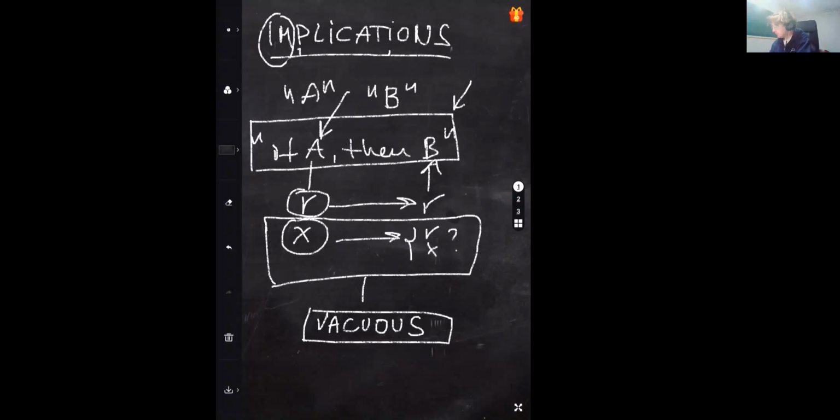So the statement is vacuous, it does not tell you any new information other than what you already had before. If this animal is a green chicken, and we know that this is already false, then I like ice cream. Well, since I am departing from something which will never happen, I don't know what this statement is telling me. It will not give me any new information, and therefore the implication is vacuous.